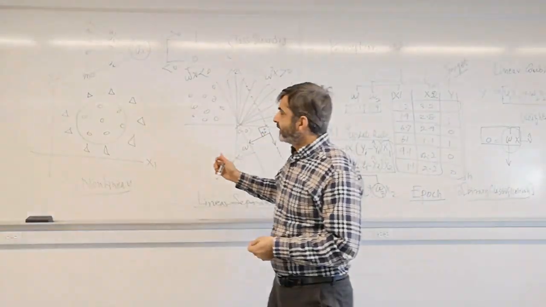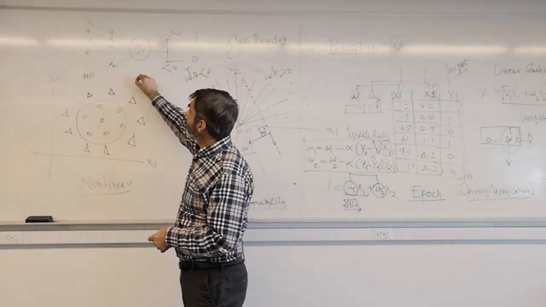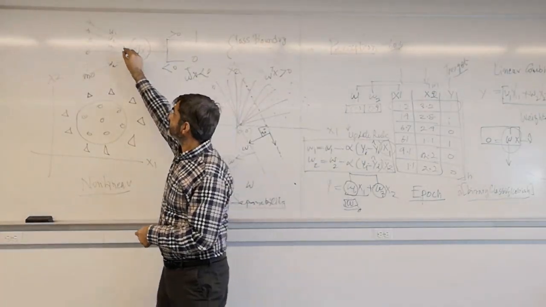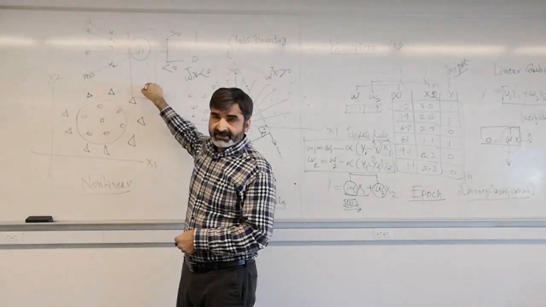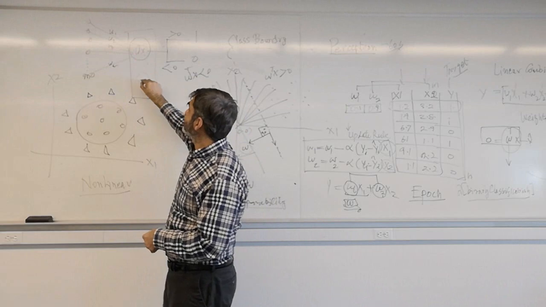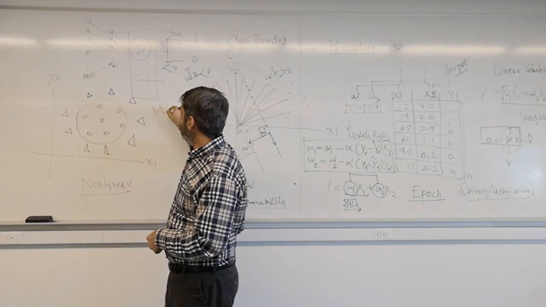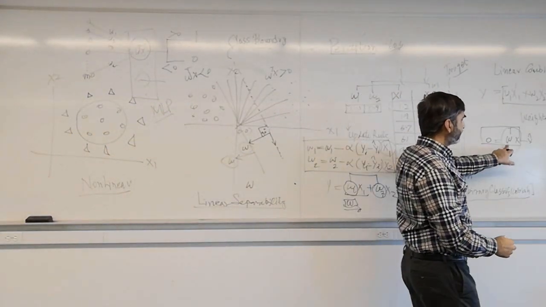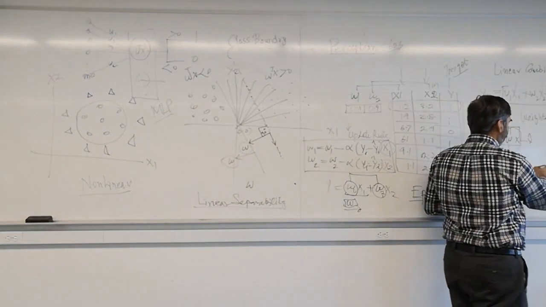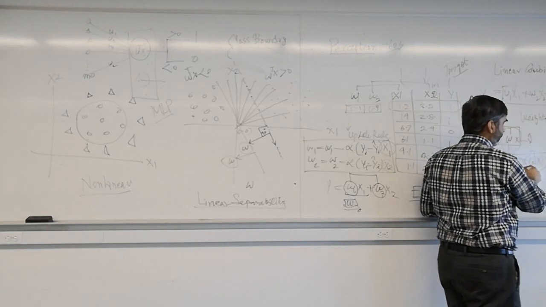But in the early 80s, then 90s, people put multiple perceptrons in this layer and fed the inputs to all the perceptrons, then combined. We call it a multi-layer perceptron, which can solve nonlinear problems, given that you pass this W transpose X through some nonlinear function like sigmoid or ReLU.